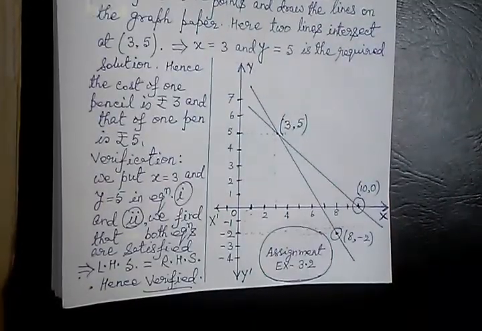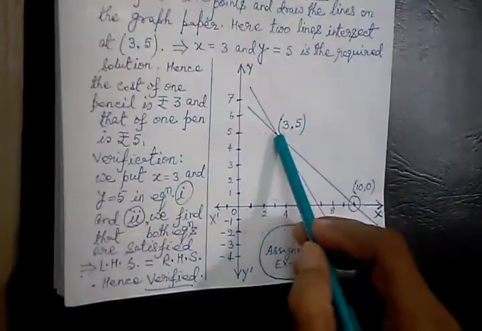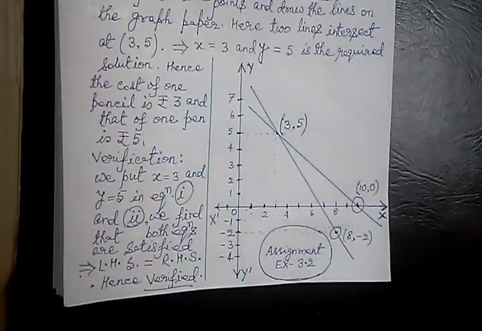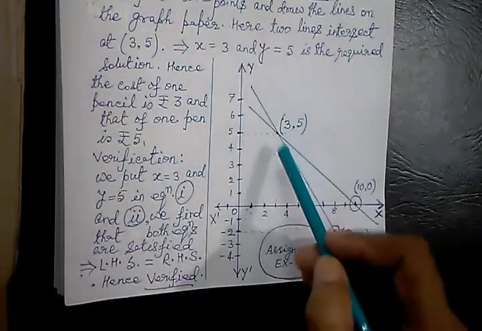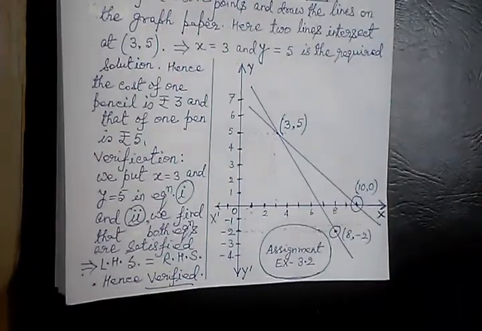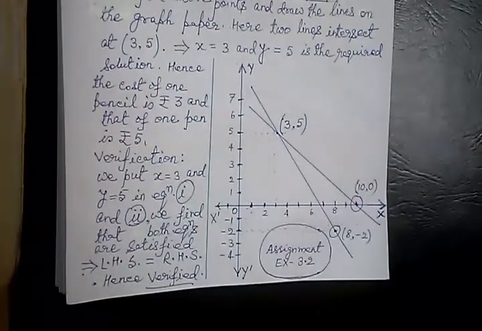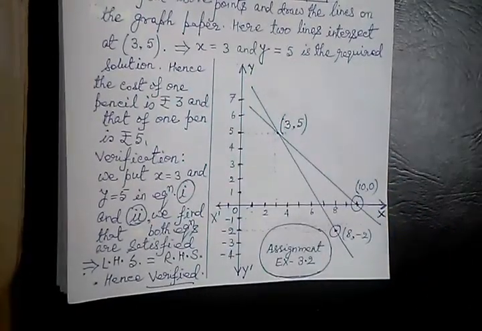But what we observe here is that this point is common. It is common for both lines. Common means both the lines pass through this point 3, 5. It means 3 comma 5 is the point of intersection of the two lines. See the graph.